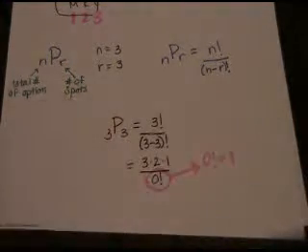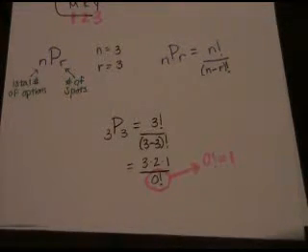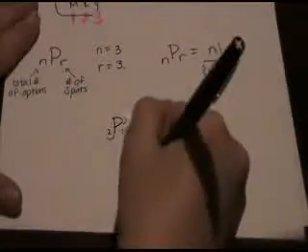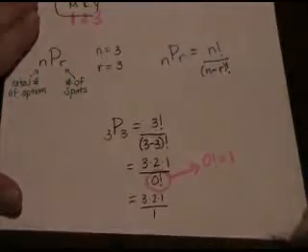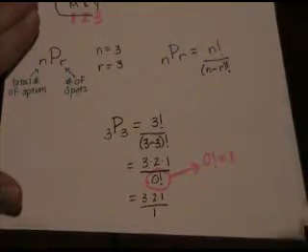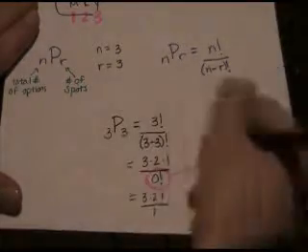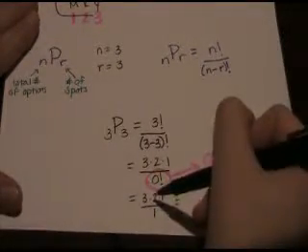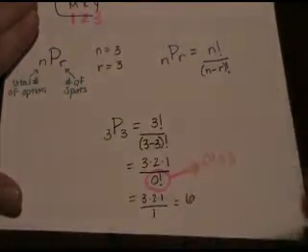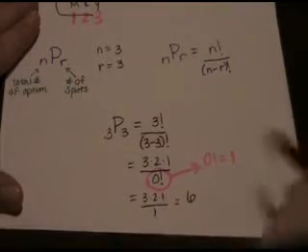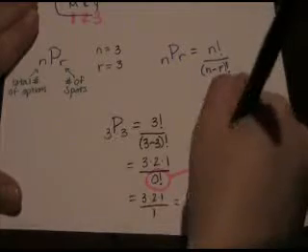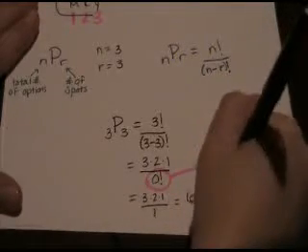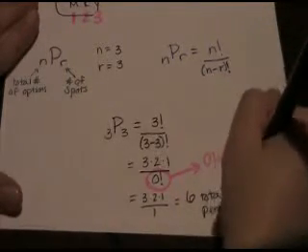That's a big deal. So when we simplify this, we'll have 3 times 2 times 1 over 1. Do our multiplying. 3 times 2 is 6, times 1 divided by 1 equals just 6. 6 total permutations, just like we thought.